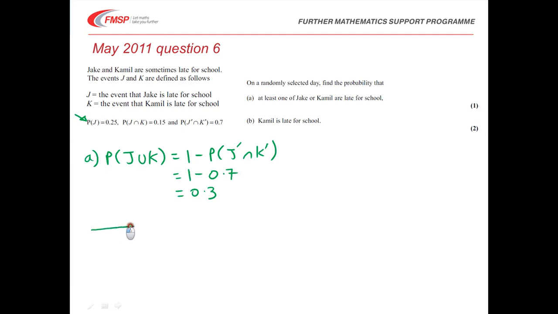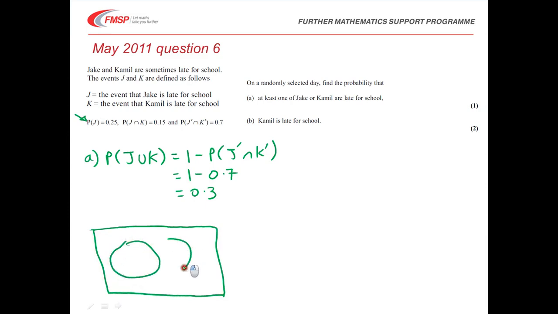That's where the thought of doing a Venn diagram might become really quite useful. So here we go. We can have Jake, and we can have Camille, and we can start filling things in. So if we call this J and K, this is going to be 0.15 in the intersection, because that's what we're told. It's 0.7 outside.